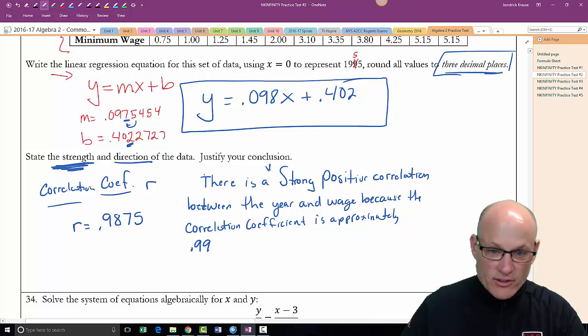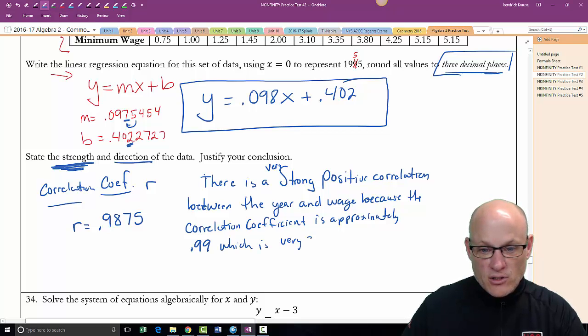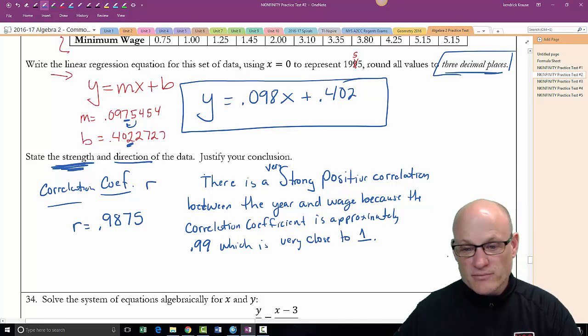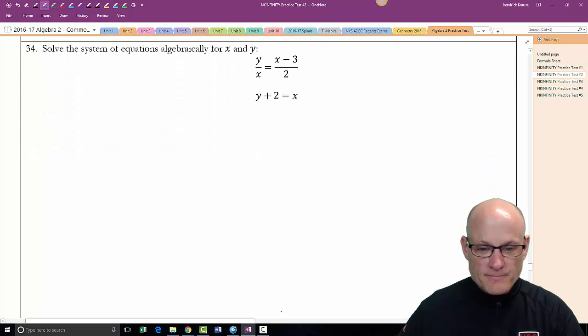I'd almost say there's a very strong positive correlation, 0.99, which is very close to 1, which makes it strong.